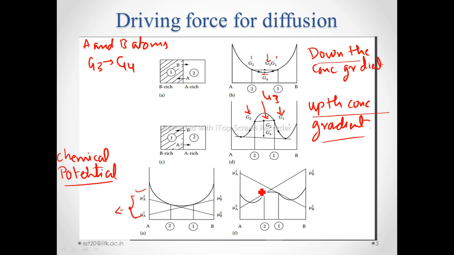Similarly, this is the chemical potential of atom A in case 1, and this is also from higher to lower, correct? That's why the driving force for diffusion is from higher chemical potential to lower chemical potential. I will write this down.